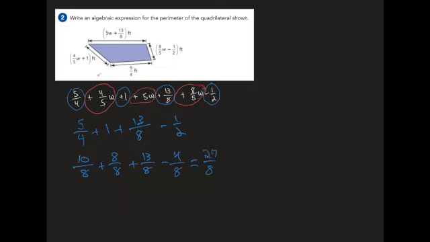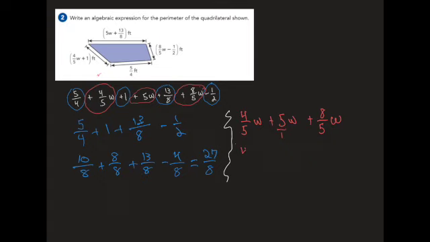And then separately, I'll combine my terms that have a w. So that's 4/5 w plus 5w plus 8/5 w. And again, these all have fractions, so I'm going to find a common denominator. When you have a whole number, technically the denominator is 1. So it looks like the common denominator is going to be 5.